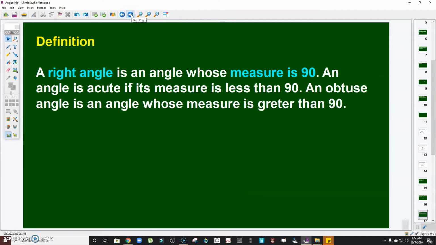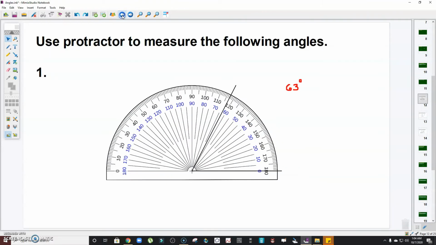Next, definitions. A right angle is an angle whose measure is 90. An angle is acute if its measure is less than 90. An obtuse angle is an angle whose measure is greater than 90. Let's go back to our examples earlier. Since that is less than 90, we call this an acute angle.